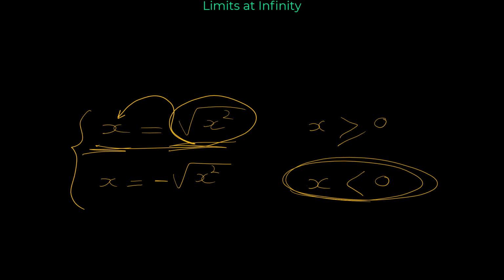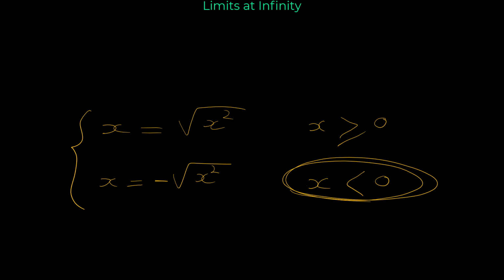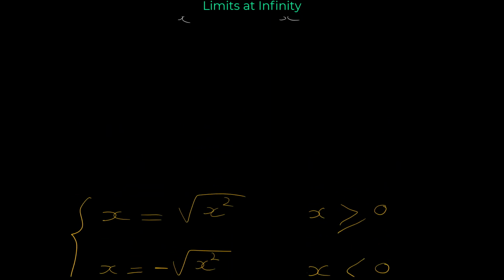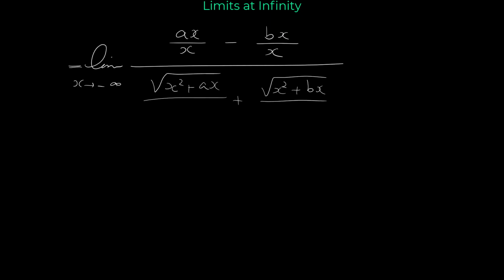When x is less than 0, radical x² is basically negative x, and so x is the negative of radical x². Based on this, let's go back to our question. For every x in the denominator, we replace them with negative radical x².